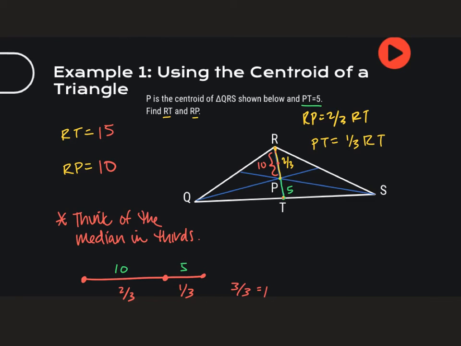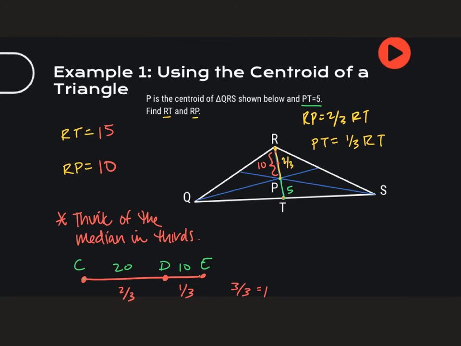Let's say you were given the 2/3 section. So let's pretend that they gave us a median and they gave us the measure CD was, let's say, 20. Well, if we knew that 2/3 of CE is 20, then all we would have to do to find the 1/3 portion would be to cut the 2/3 portion in half.